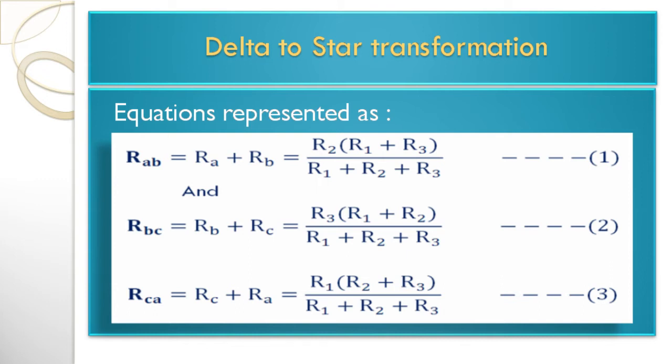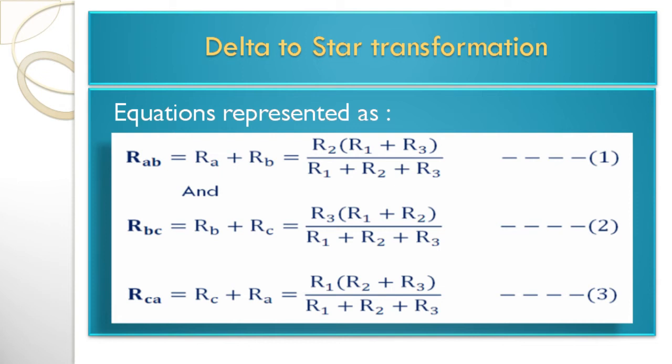Similarly, the resistance between terminals B and C in the star network is RB plus RC, which is equivalent in the delta network to R3 in parallel with R1 plus R2. In equation form, R3 multiplied by R1 plus R2, divided by R1 plus R2 plus R3, which is equation 2.